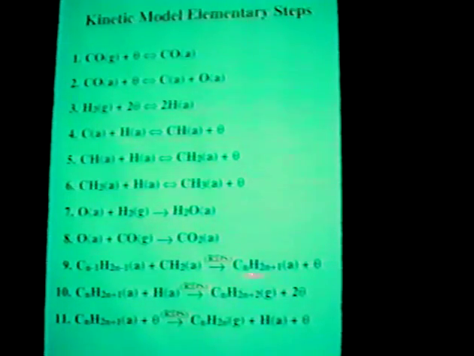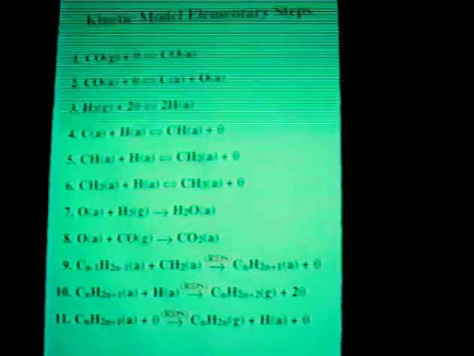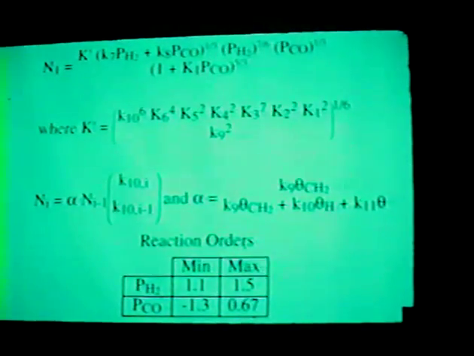The model is developed by making a steady-state approximation that, for a hydrocarbon of a given carbon number n, the rate of production is equal to the rate of depletion. And that depletion is either by propagation to a higher hydrocarbon or by termination to an alkane or an olefin.